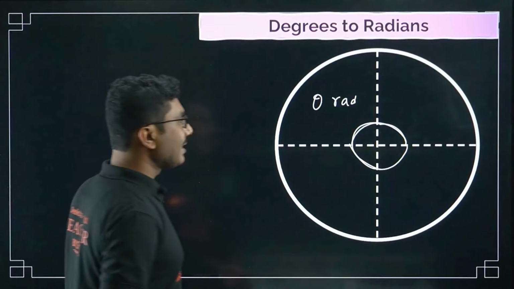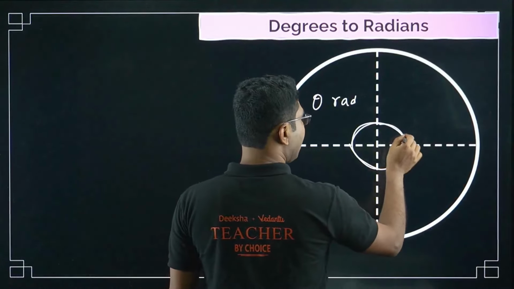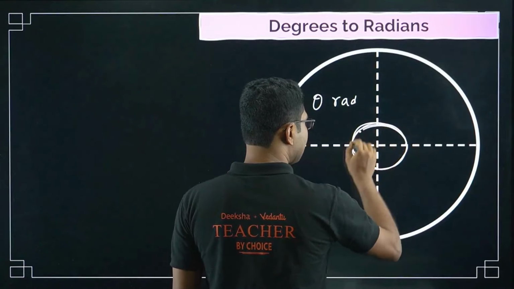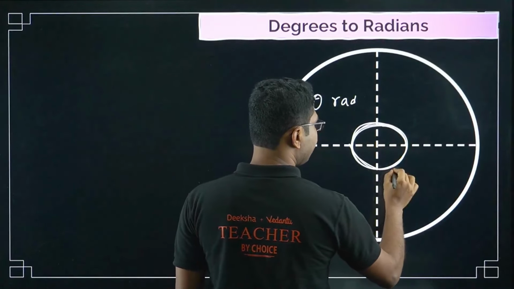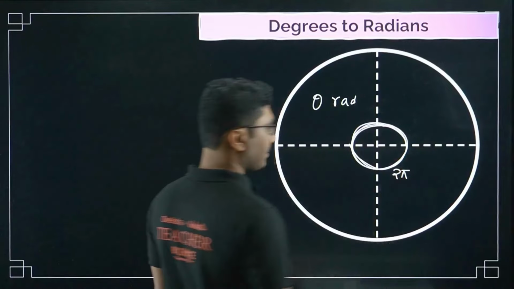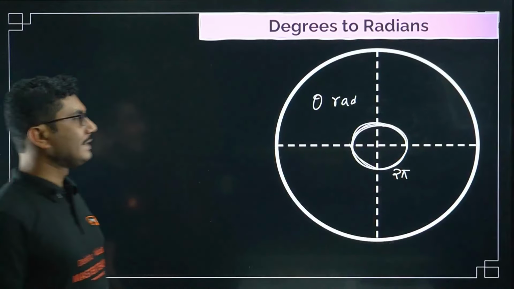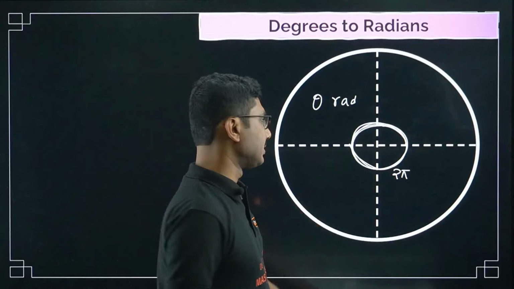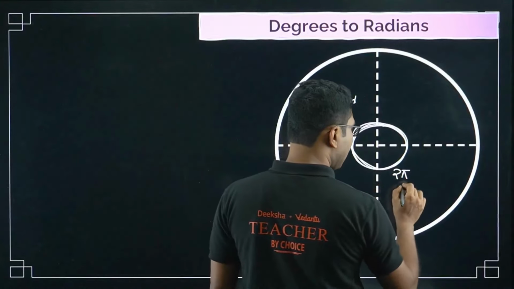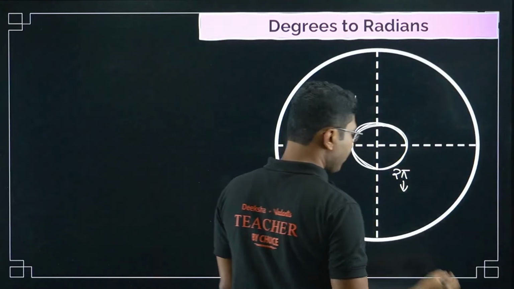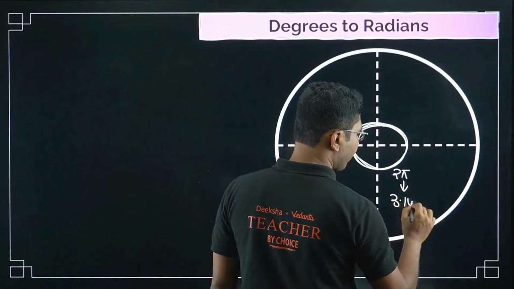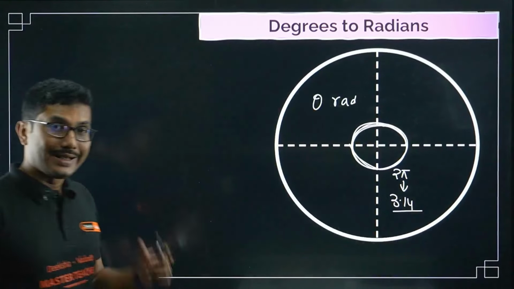Now radian means they assume that the total angle subtended at the center of a circle is fixed, that is 2 pi radians. Okay, pi value is same as in your geometry, that is 3.14. So 2 pi radian is the total angle.